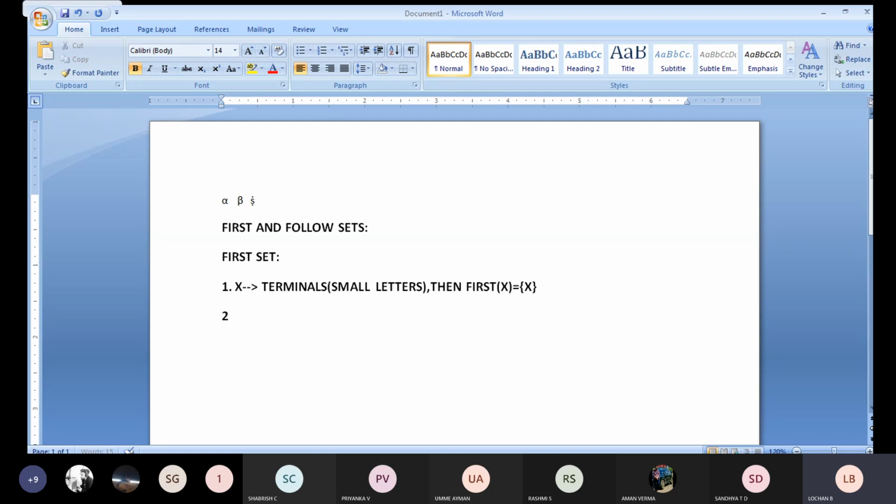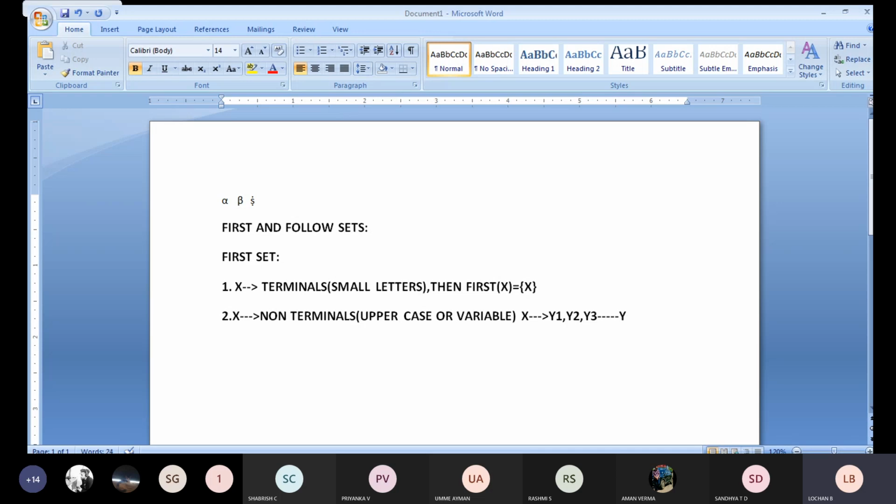Second thing, if X is a non-terminal, non-terminals means capital letters, uppercase letters, or variables. So if it is a non-terminal, you have to check whether you get a production X implies Y1, Y2, Y3 up to Yk.